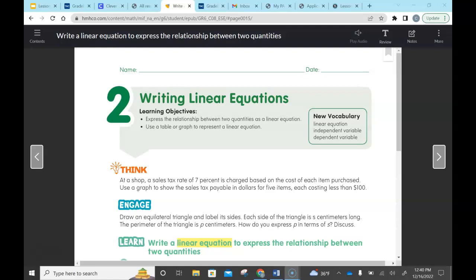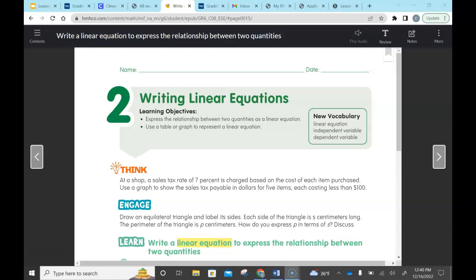First of all, an independent variable, you can see this on page 394 in your math book. This is a variable whose value determines the value of a related dependent variable. So we'll take a look at some examples of this in the near future. In the equation y equals x plus 10, for example, x would be the independent variable.